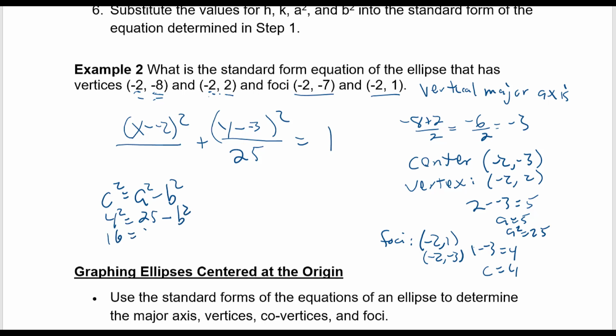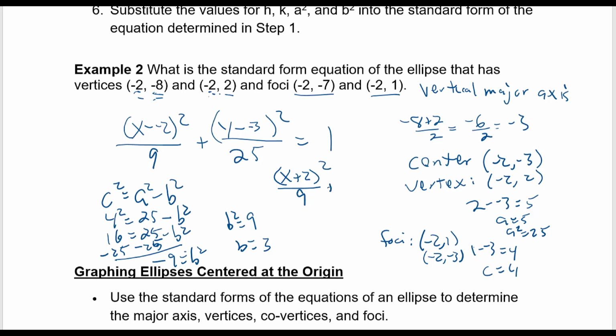So 16 is 25 minus b squared. You can subtract the 25 from both sides. So -9 equals negative b squared. So b squared is 9, or b is 3. All we would need is b squared is 9. So let me clean this up a little bit. I know there's not a lot of space. So it's (x plus 2) squared over 9 plus (y plus 3) squared over 25 equals 1. There you go.